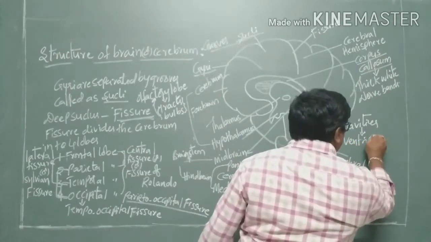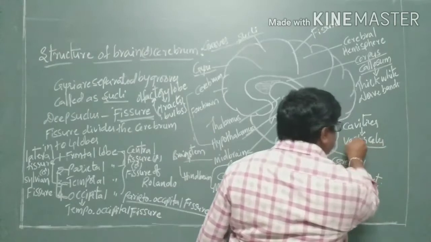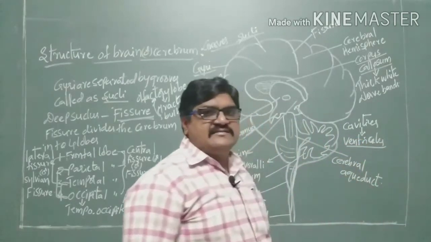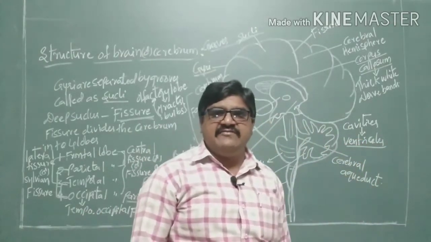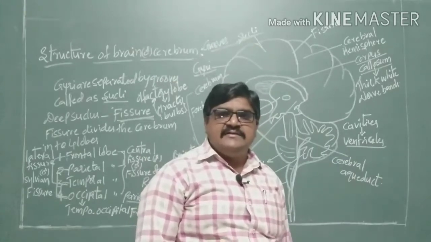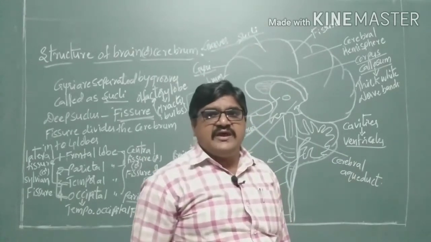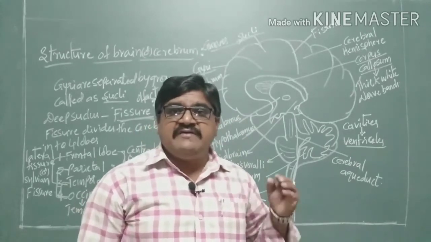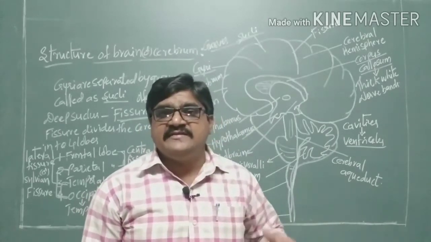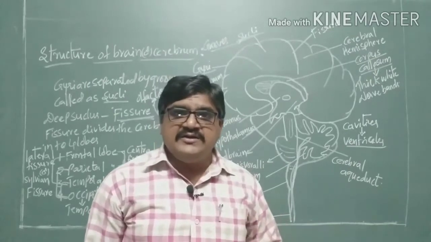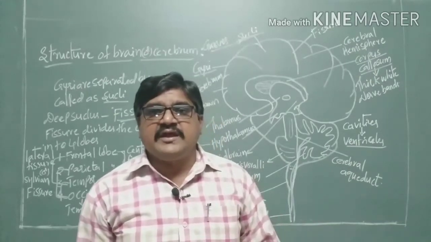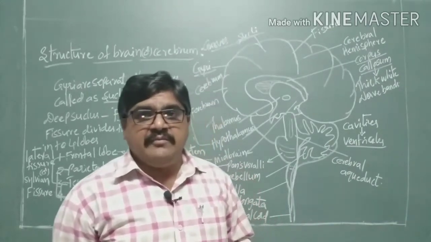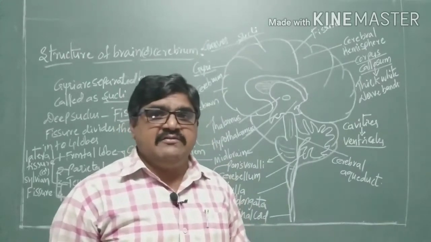So the brain consists of ventricles. The first ventricle opens into the second, the second opens into the third, and the third opens into the fourth ventricle of the medulla oblongata.